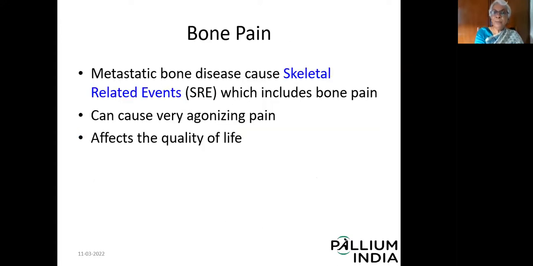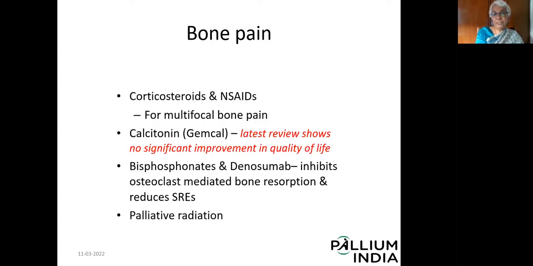Bone pain is because of metastatic bone disease, and it causes what are called skeletal-related events: fractures, edema and swelling, etc. So this can be very agonizing and it can affect the quality of life of patients. The variety of drugs that can be given for bone pain include, starting with, corticosteroids and NSAIDs.